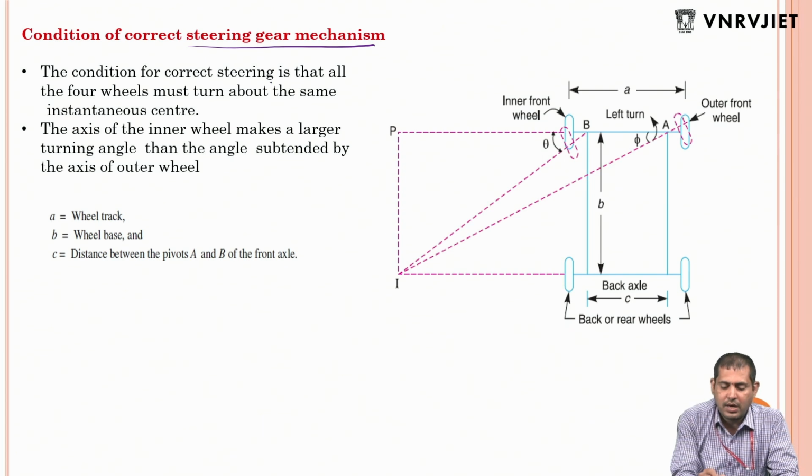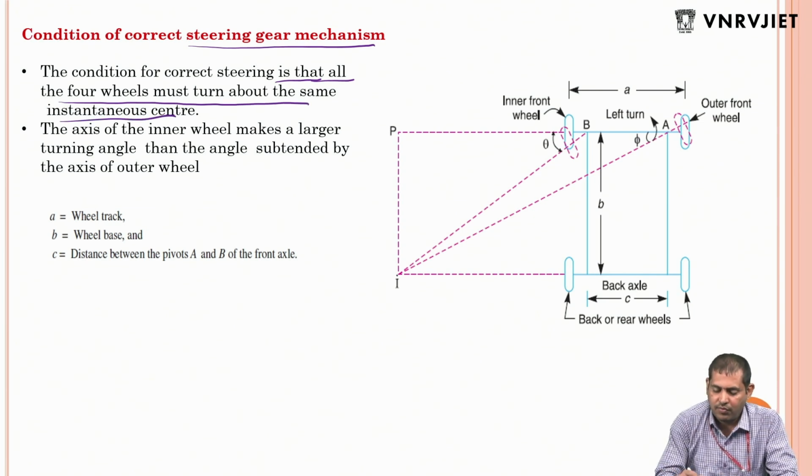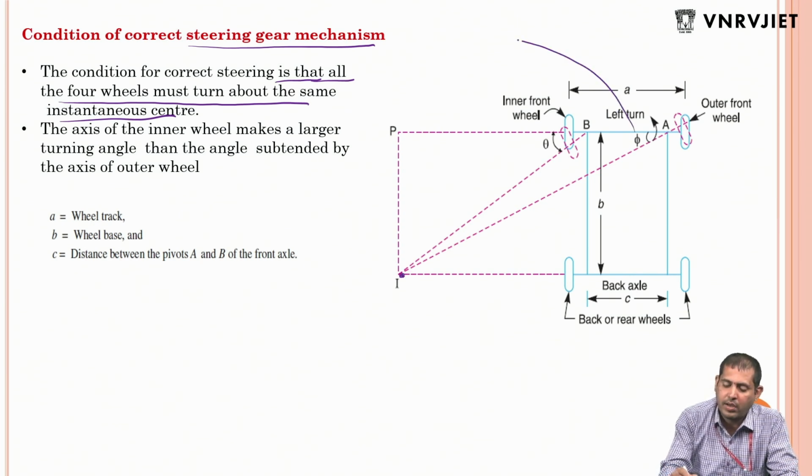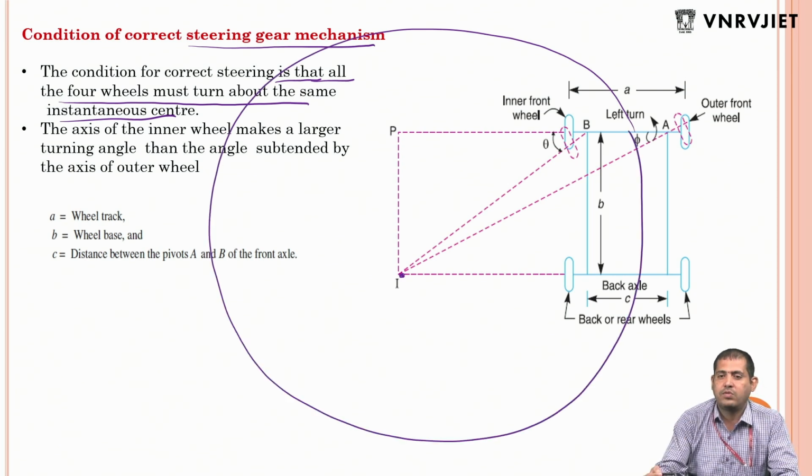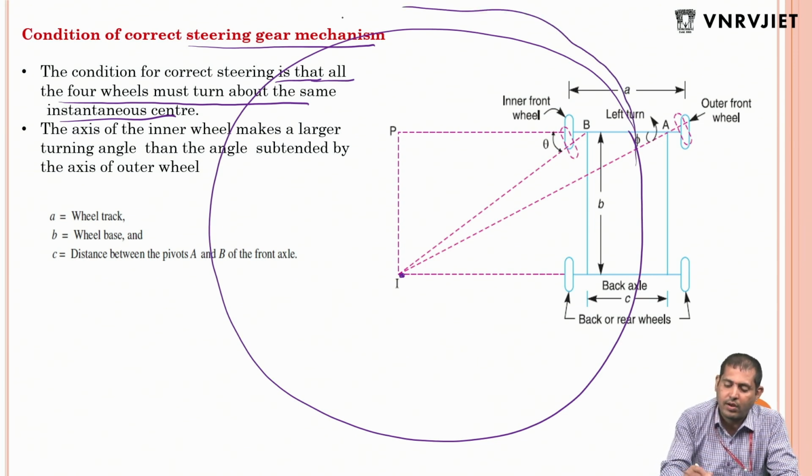The condition for correct steering is that all four wheels must turn about the same instantaneous center. Only then, if the instantaneous center is at this point I, the vehicle will make a round circle. If this does not happen, then it will go its own way like this, if it is not properly happening.